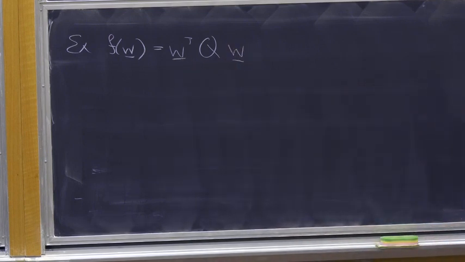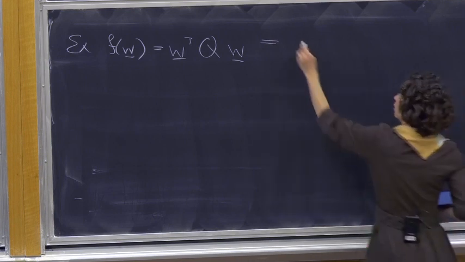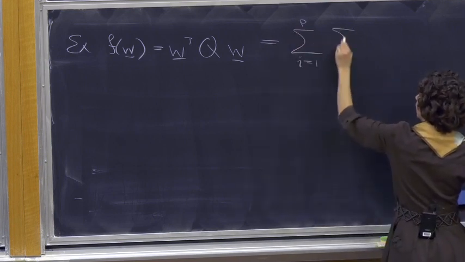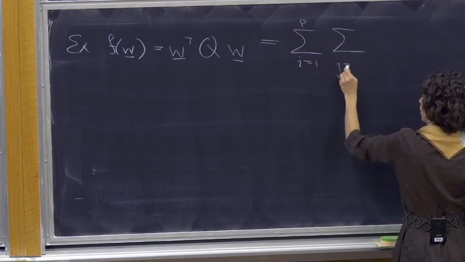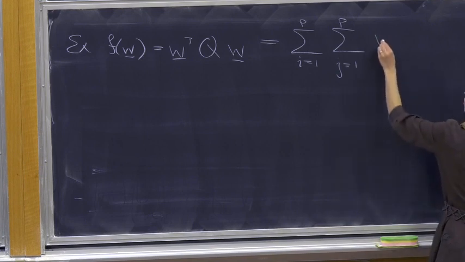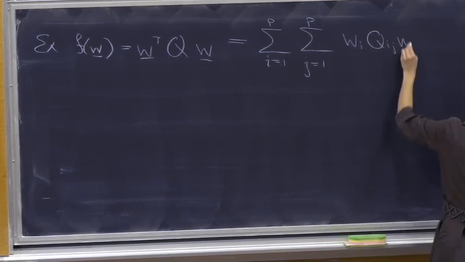And we want to compute the gradient of this. So let's just write out what this is first. This is the sum from i equals 1 to p, and the sum from j equals 1 to p of wi qij times wj.